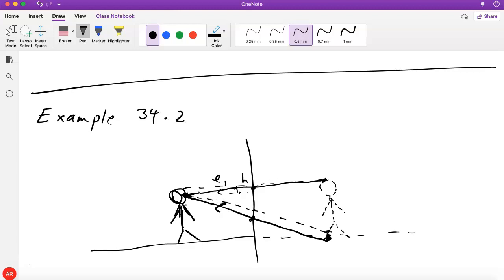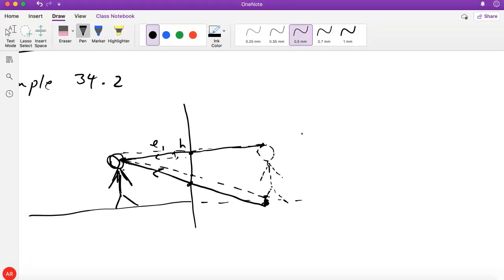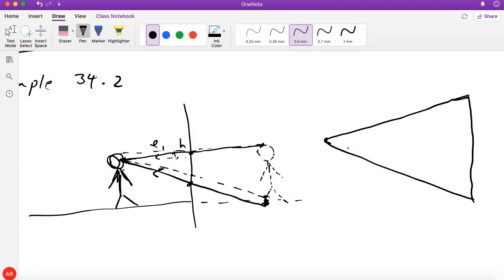All right, so then just let's look at this triangle. From the eye to the top of the image to the bottom of the image. I'm drawing this big triangle here. Okay, so we know that, let's say the wall containing the mirror is over here.